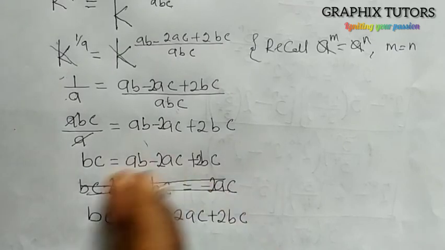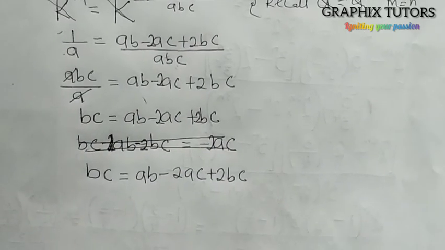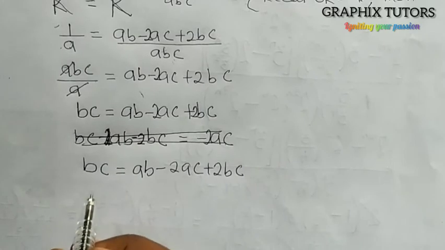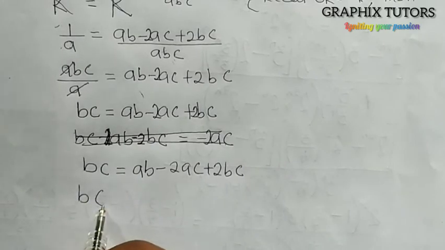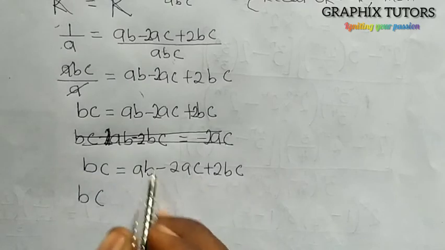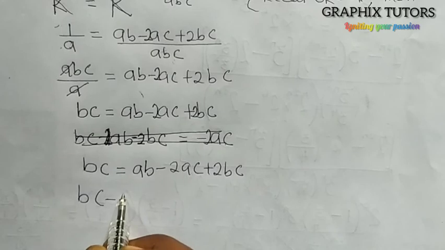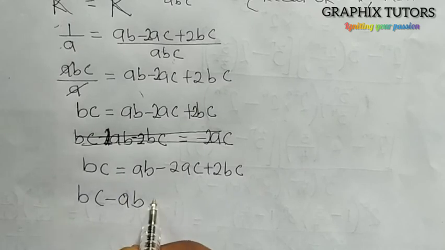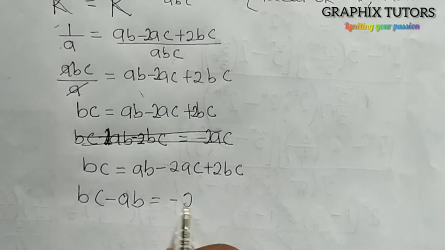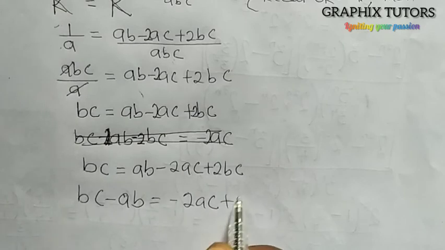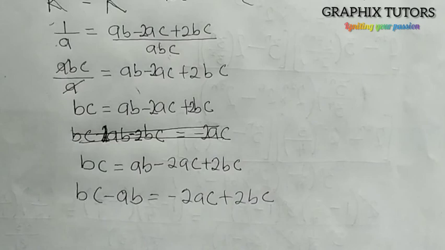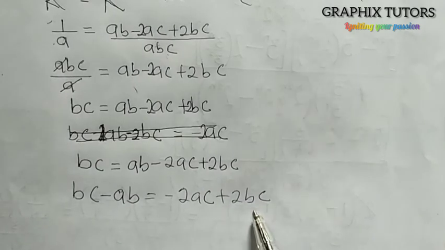So when I take this here, I'm going to be having this BC, right, minus AB equals to minus 2AC plus 2BC. So from here, I can easily factorize. Before factorizing, I can bring the BC together.